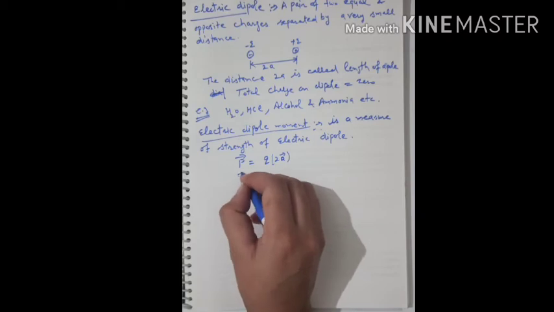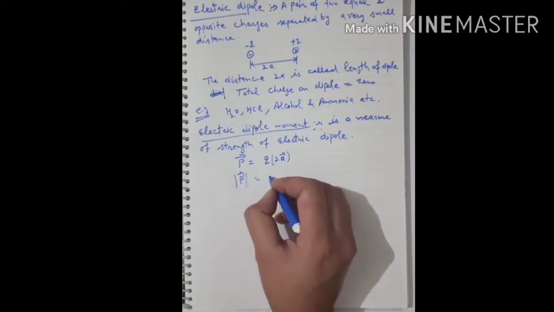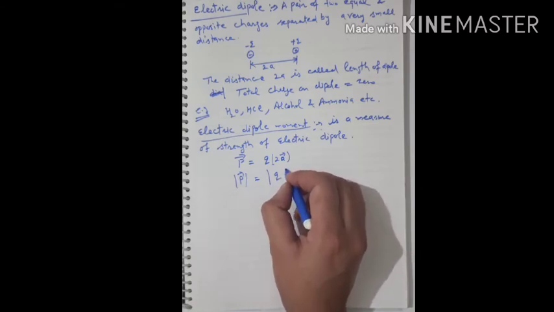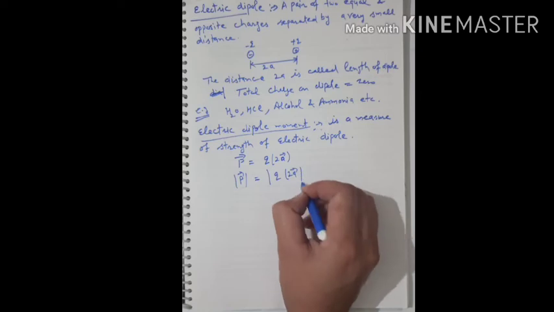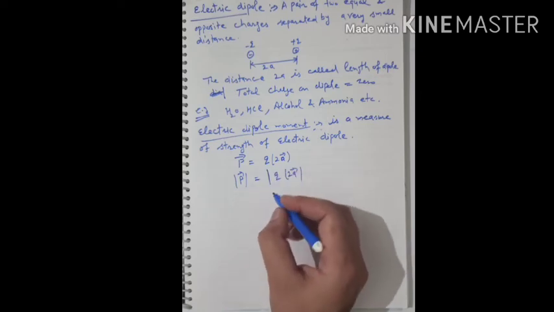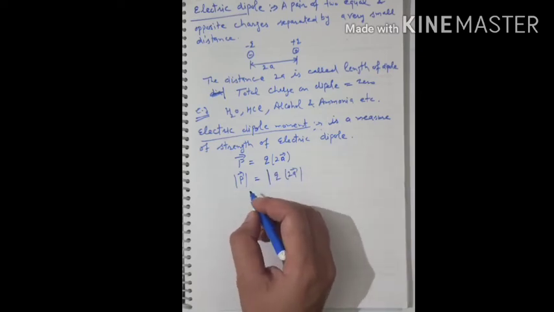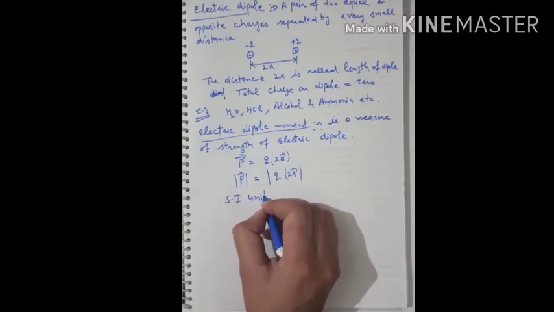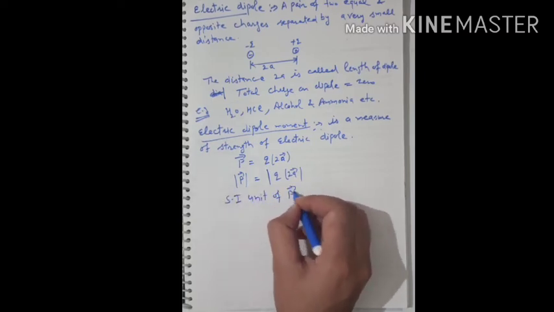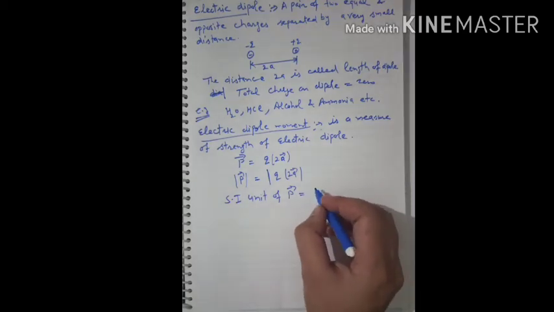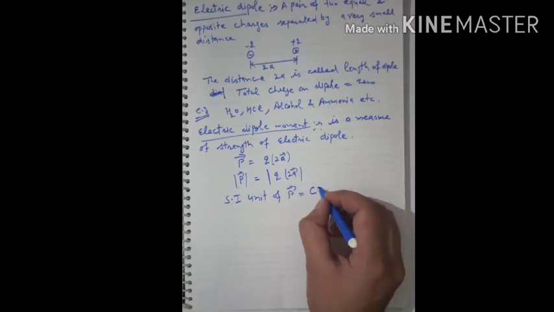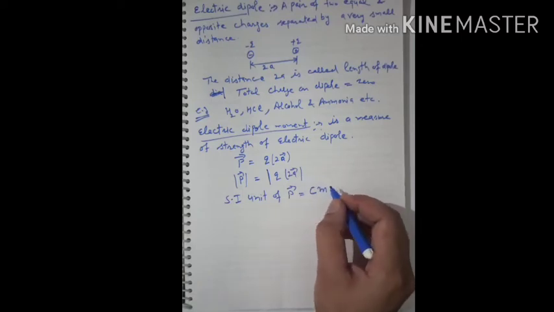In magnitude form, the modulus of P vector is equal to q into 2a. The SI unit of electric dipole moment: the unit of charge is coulomb and of length is meter, so its unit is coulomb meter.